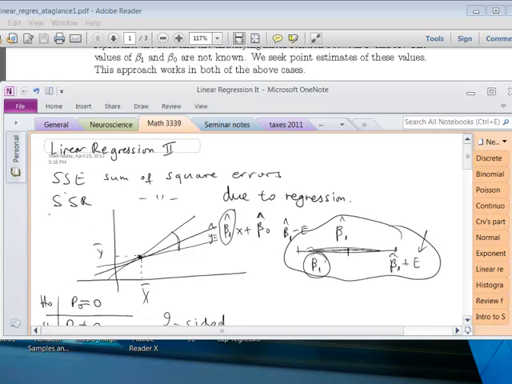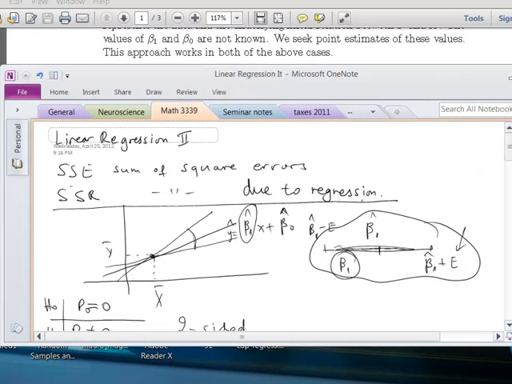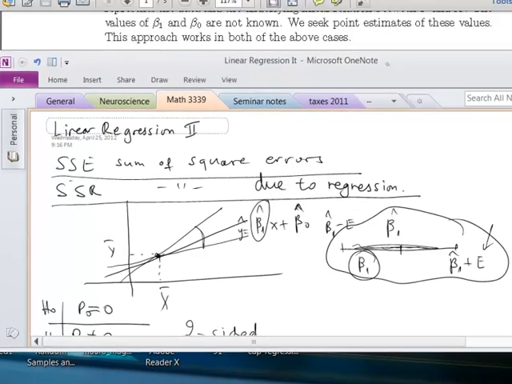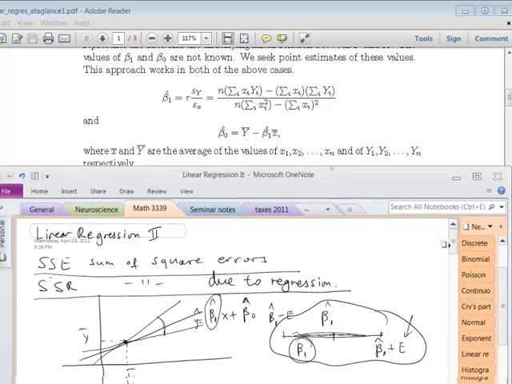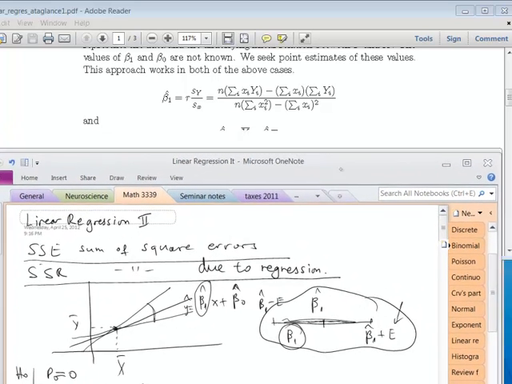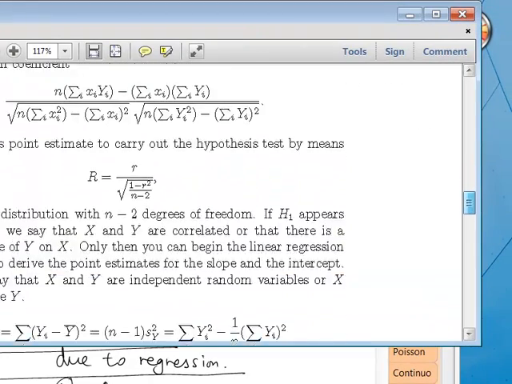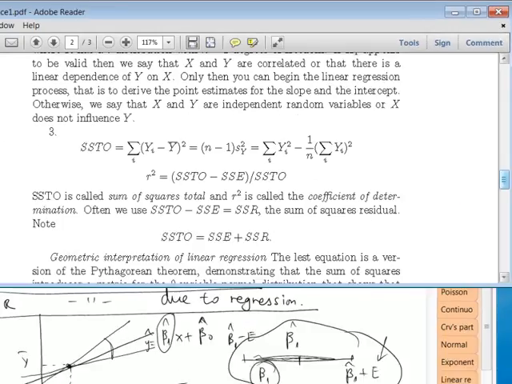Okay, this is the standard terminology. SSR is called the sum of squares due to regression. And the first quantity is called the sum of square errors. And there is another important quantity which you calculate if you do this calculation here.